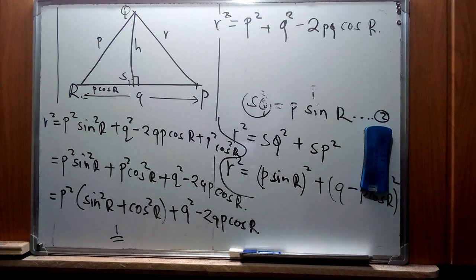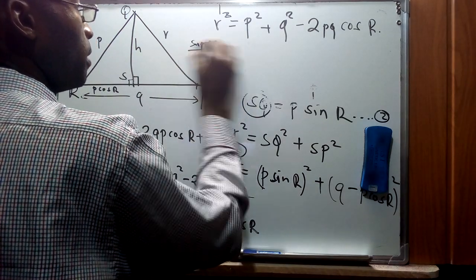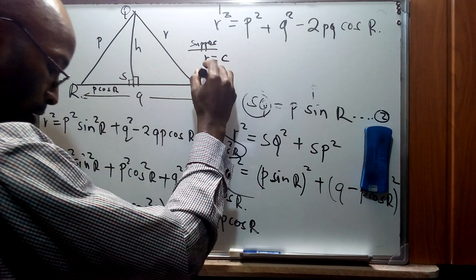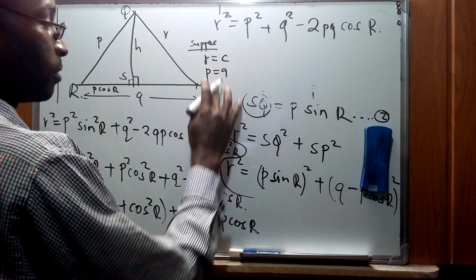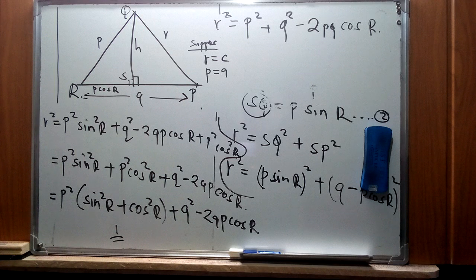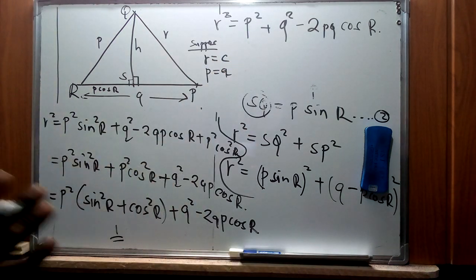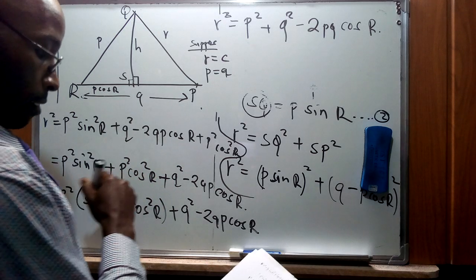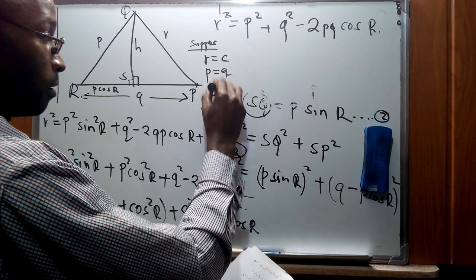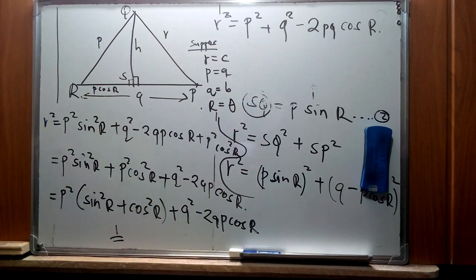Now suppose R represents c, P represents a. I'm just going to give an illustration so that we can connect and relate on this. I'm going to give it in terms of a, b, c, and Q represents b. Angle R is represented as angle theta.